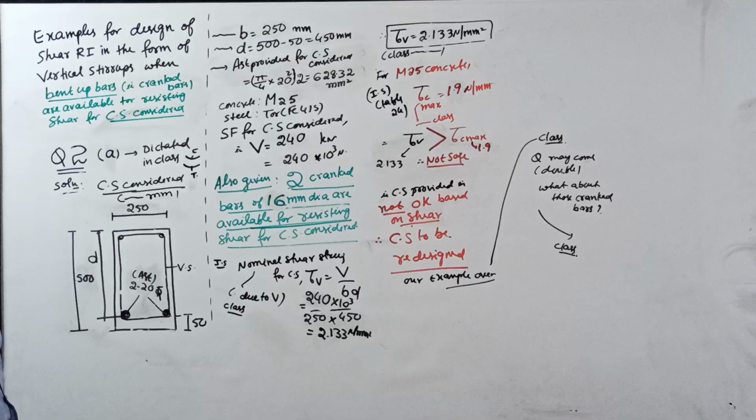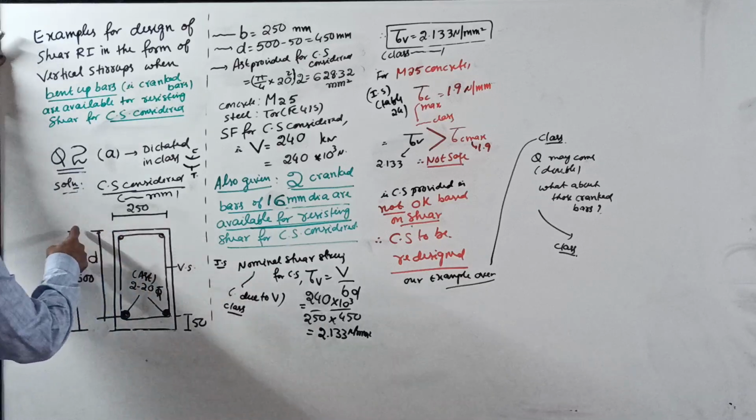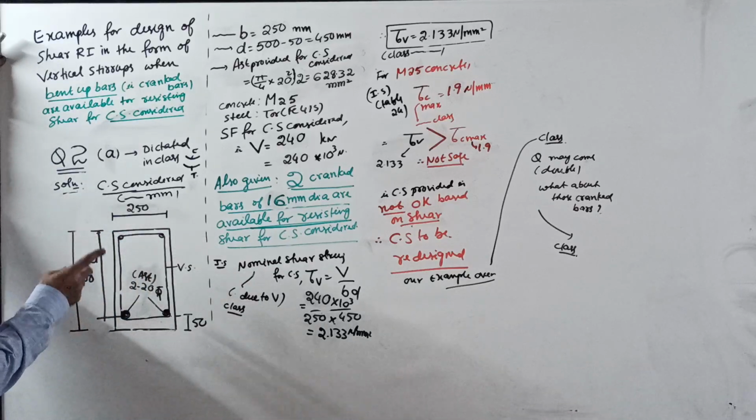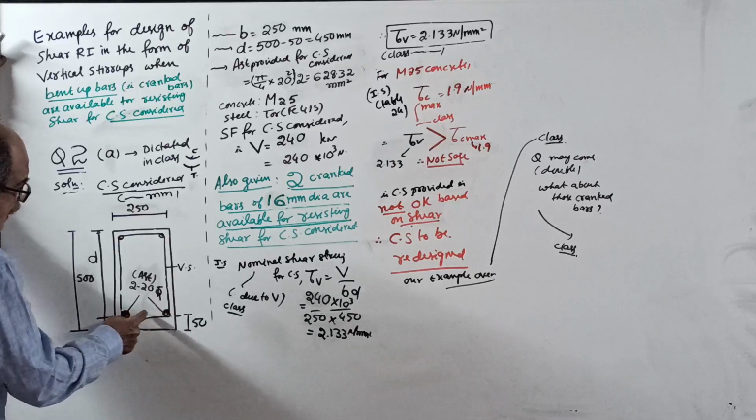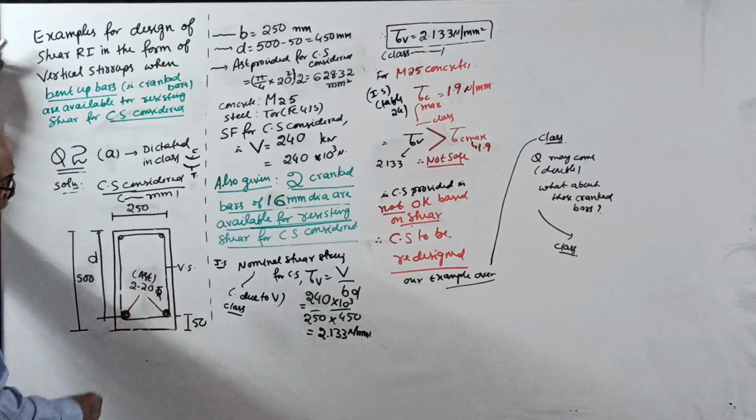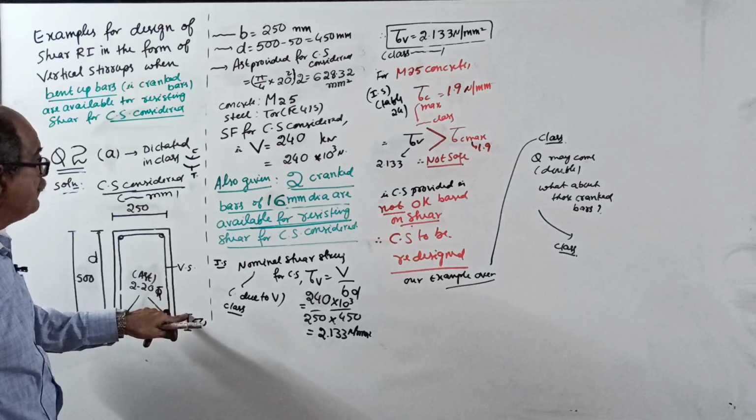The cross section of an RC beam considered for design of shear reinforcement has width of 250 mm, depth of 500 mm. For that cross section, tension reinforcement provided is 2 bars of 20 mm diameter at effective cover of 50 mm.